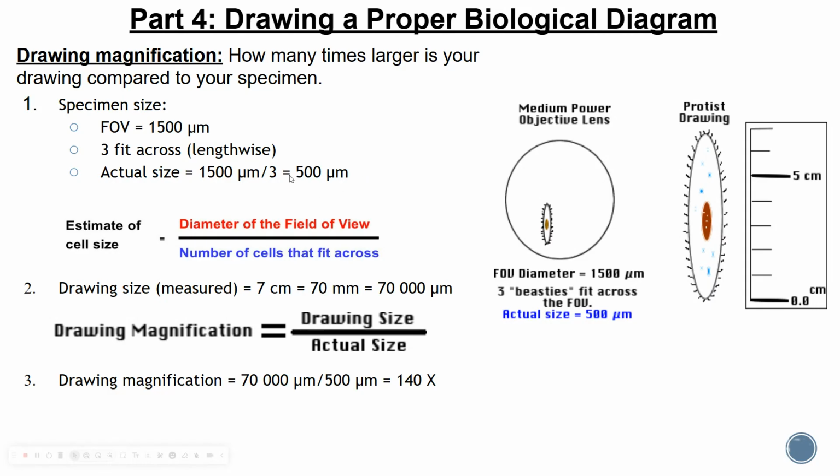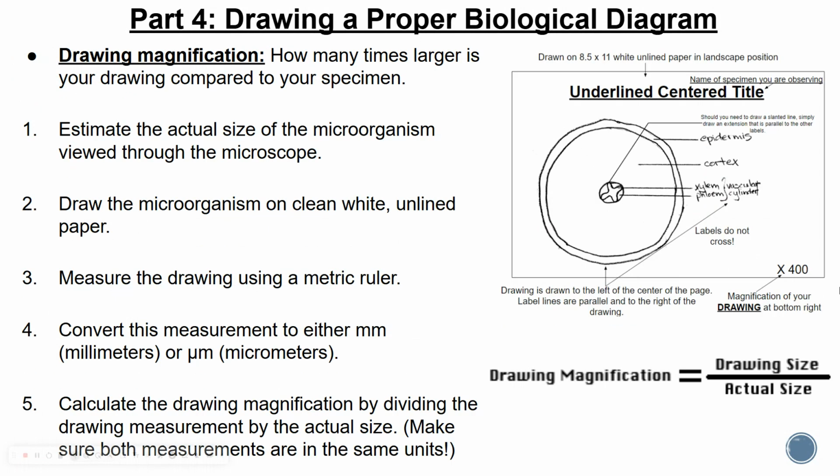Some students might have converted this to millimeters instead. So they would have done 500 divided by 1,000 to go to millimeters, and they would have simply done 70 divided by 0.5 to give them 140 times magnification. So that's called calculating the drawing magnification. And that's what would go at the bottom of your drawing as seen over here.